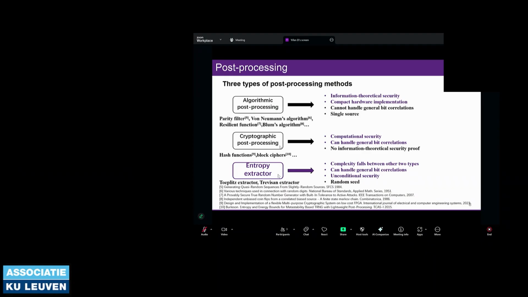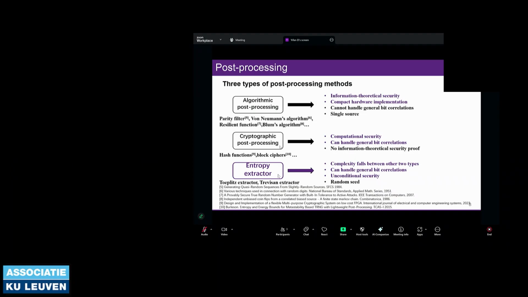There is no evidence that the output of cryptographic post-processing will exhibit higher entropy density. That means we cannot directly feed the non-perfect raw random number bits into cryptographic conditioners and hope they will do the magic work. The entropy extractors offer the best of both worlds.